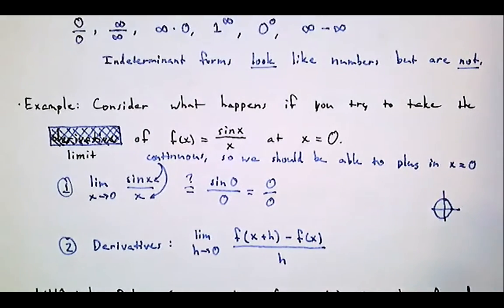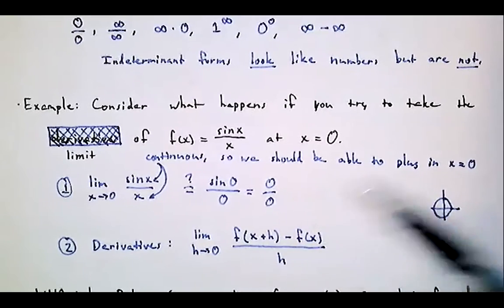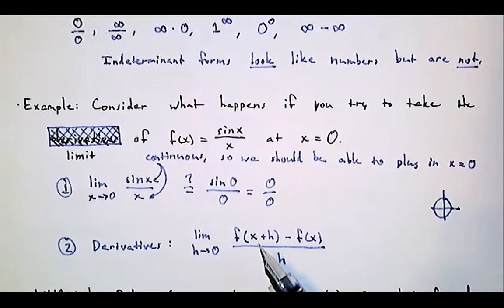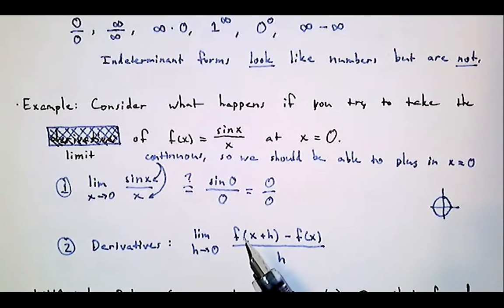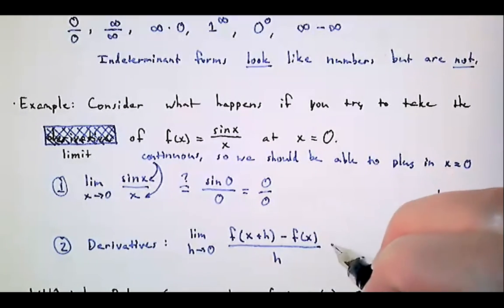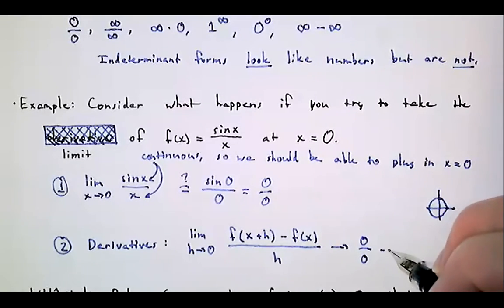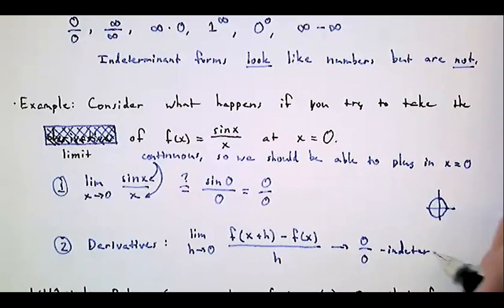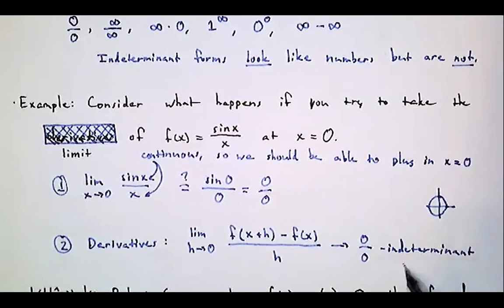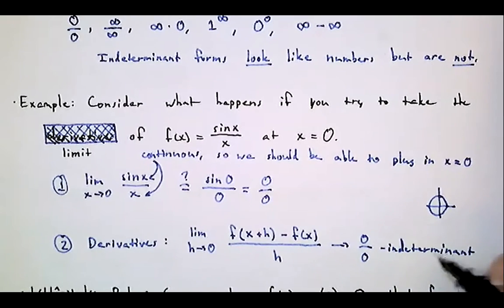And this is also a 0 over 0 indeterminate form, because if you plug in 0 for h, in here and down here in the denominator, what you'll end up with is f of x minus f of x. That's a 0 up top, and then another 0 on the bottom. So this is what we might call a 0 over 0 indeterminate form.